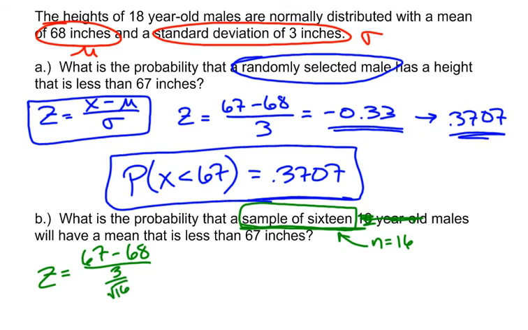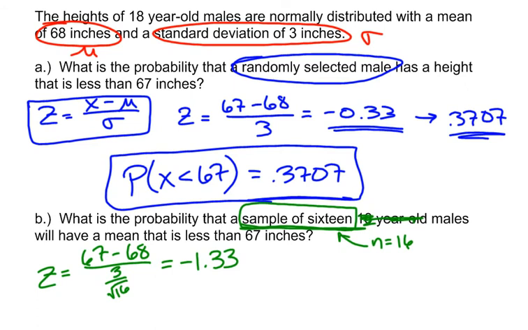Well, the square root of 16 is 4, so we can work that out pretty easily to be 0.75 on the bottom. So we have negative 1 divided by 0.75, and of course that gives us negative 1.33.